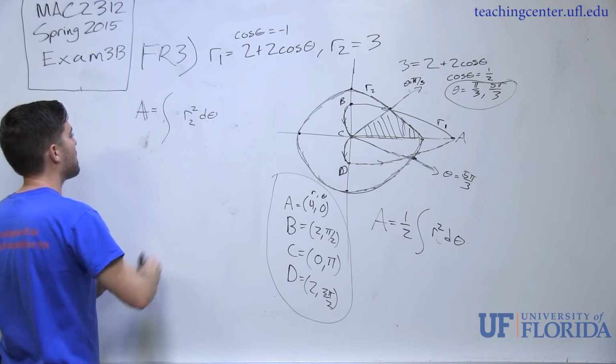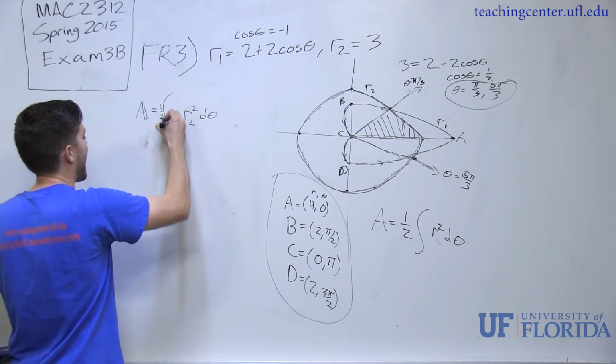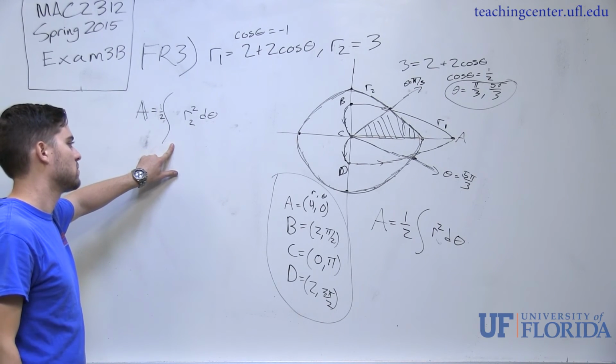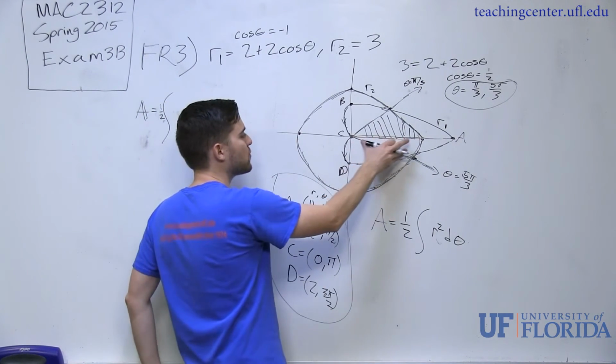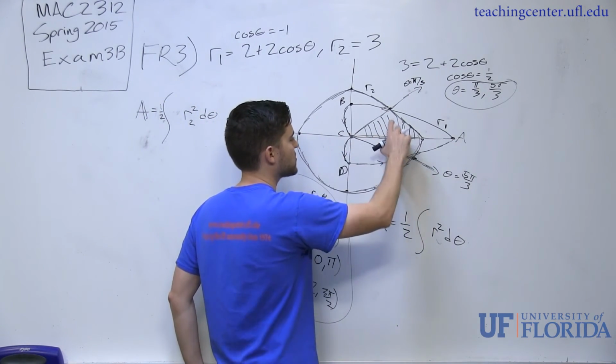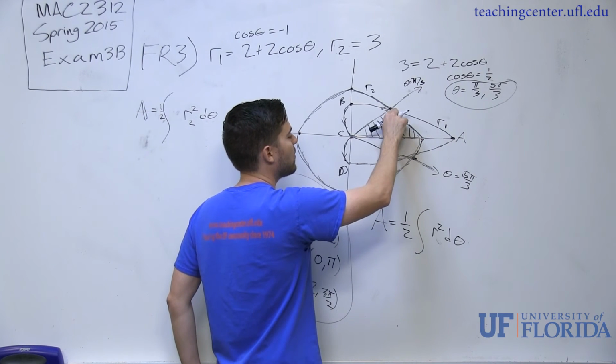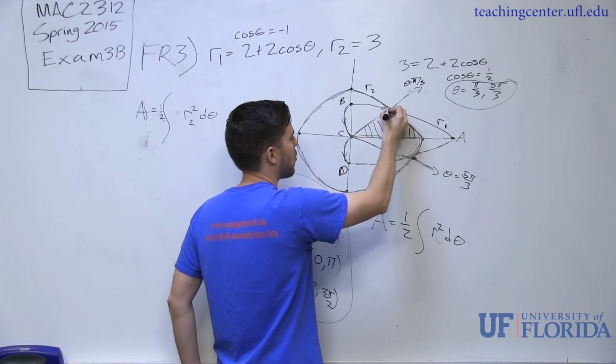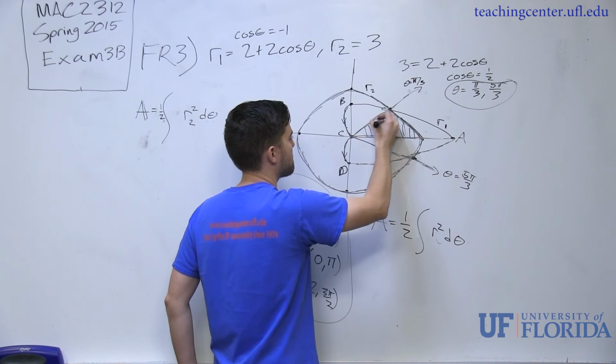Now I do need to figure out the bounds, and also I do need to write a 1/2 here. So my boundaries in this case, well, again, I know there's an axis of symmetry this way, so from here to pi over 3 will encompass that area along this curve.